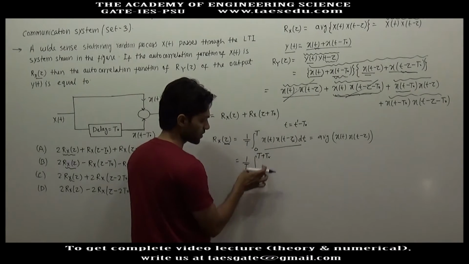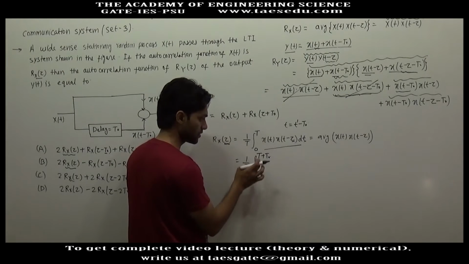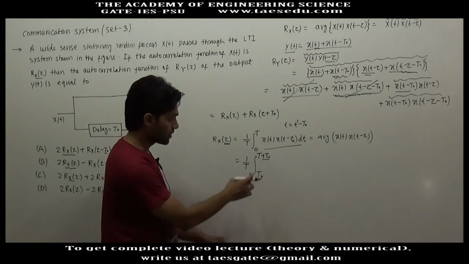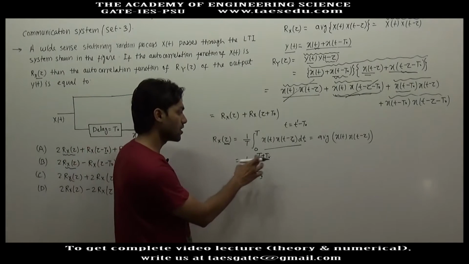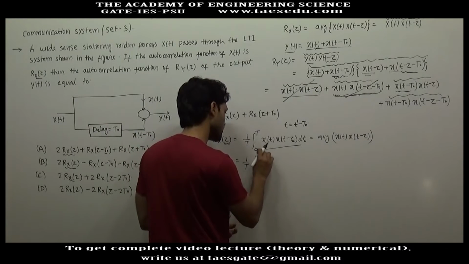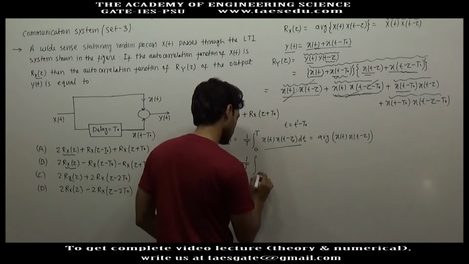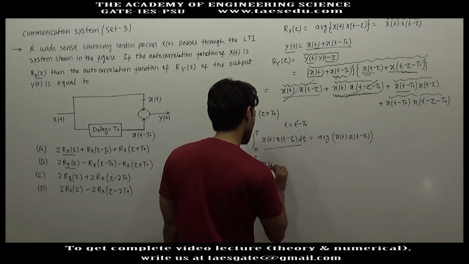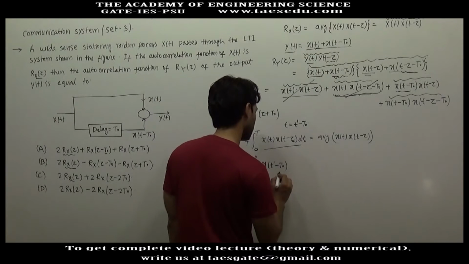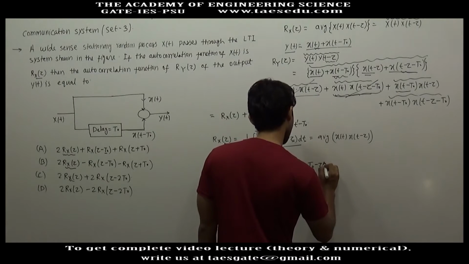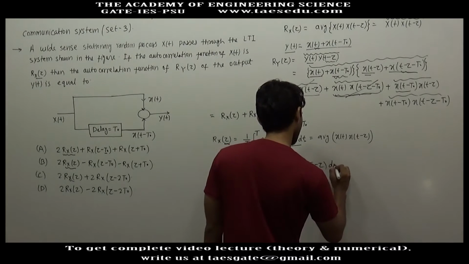So again the range of the limit is capital T only. If you subtract t naught from the upper limit, t naught will be cancelled, and the overall range of integration is capital T. Here you have x(t dash minus t naught) times x(t dash minus t naught minus tau).